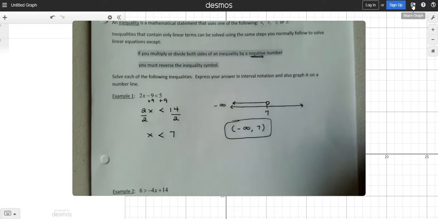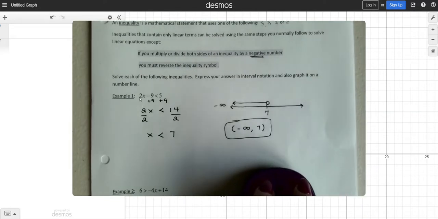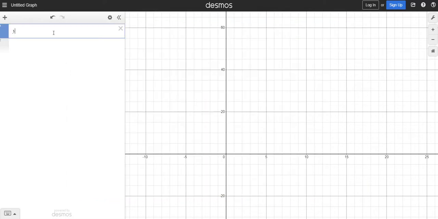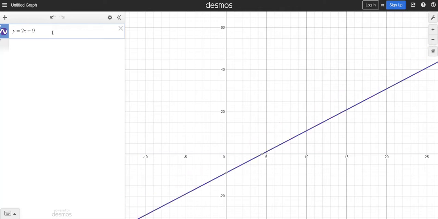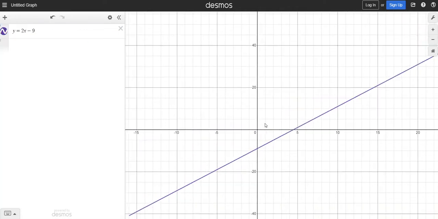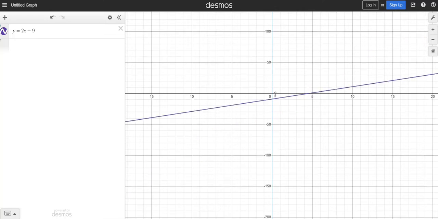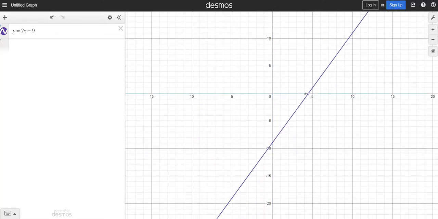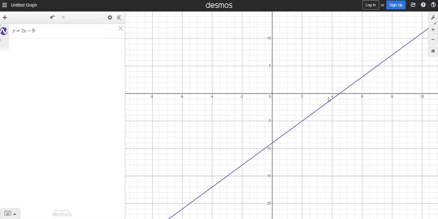I'd like to connect that to a graph on Desmos. I'm going to graph the linear equation y equals 2x minus 9. I'm going to change my window just a little bit here. There it is. Notice the slope positive 2, and the y-intercept negative 9, just like we would expect. The question was, when is this value less than 5?